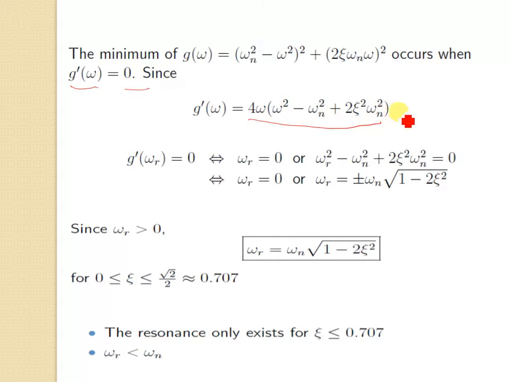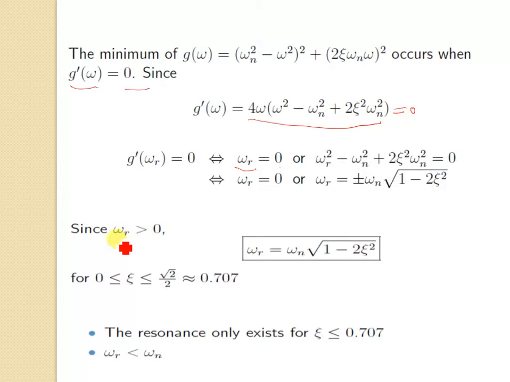If this equation is equal to 0, you find the resonant frequency omega r, and omega r equals plus or minus omega n root of 1 minus 2 sigma squared.